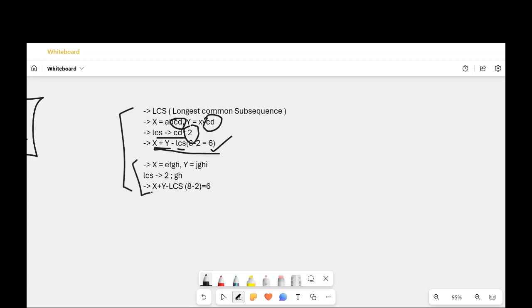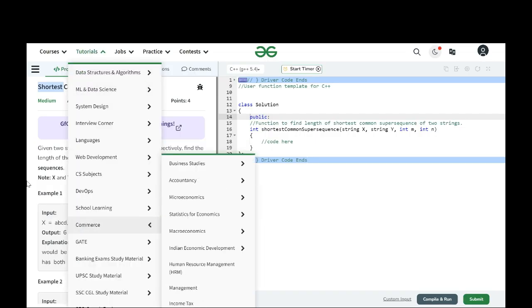Similarly here also, we have G and H as the longest common subsequence, so we'll be subtracting its length in order to get the value. So this particular formula we will be requiring in order to find the solution. I will go through the code once.